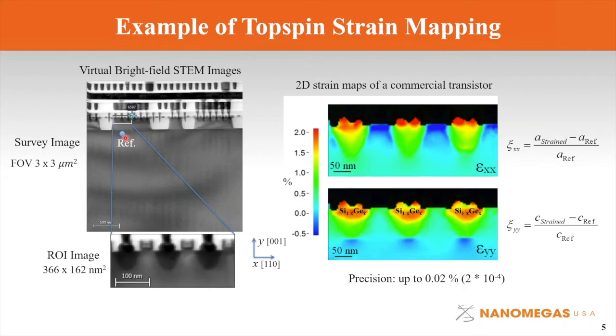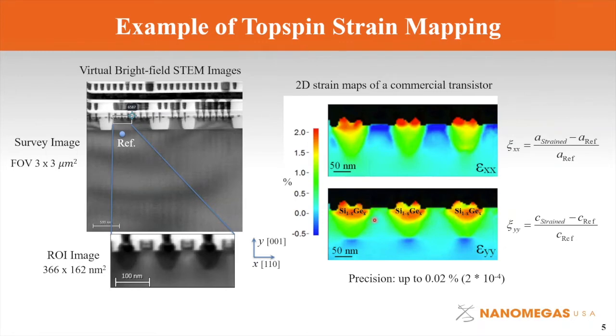The reference pattern can be chosen anywhere within the field of view. It's typically chosen in the substrate region, silicon here. And then the strain map was acquired from the device region. Shown here on the right, we have the principal strain components Exx and Eyy. And so you can see the source and drain structure and the channel region in between.